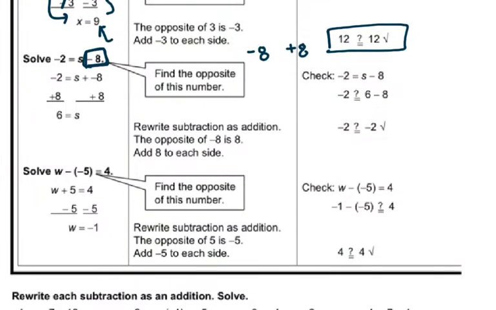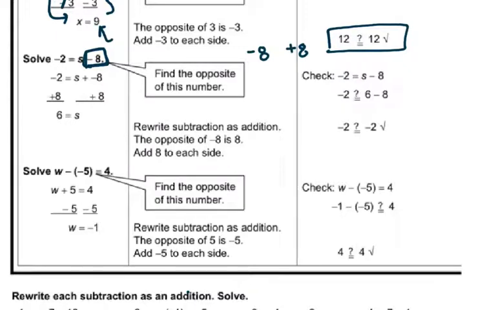So we're going to add its opposite. So we're going to add negative 8. Sorry, my apologies. We're going to add positive 8. I'm not sure why I said negative.